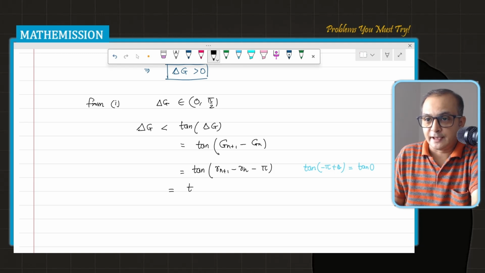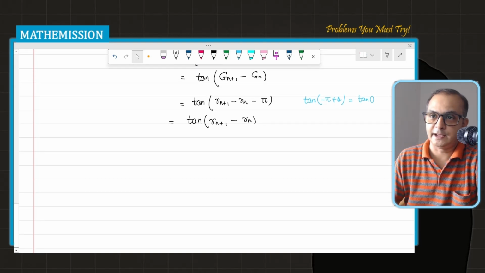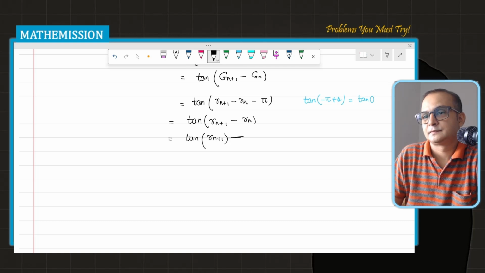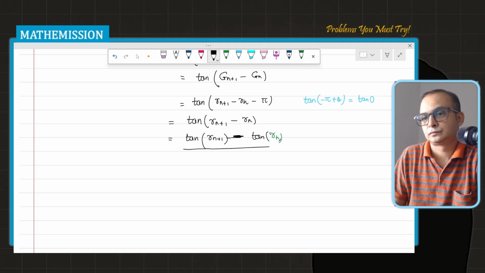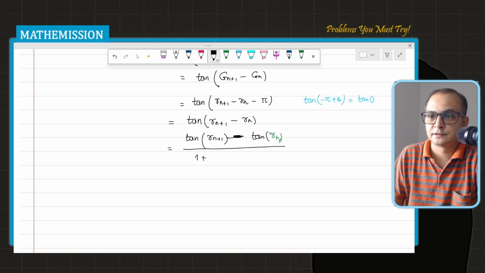So I can write this as tan of (r_{n+1} minus r_n). And now we can apply the formula for tan(A minus B) here. That is tan of r_{n+1} minus tan of r_n, divided by 1 plus tan of r_{n+1} into tan of r_n.